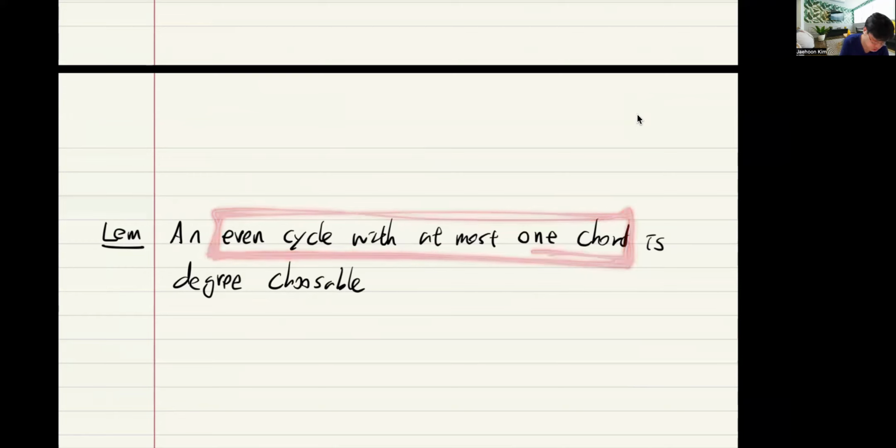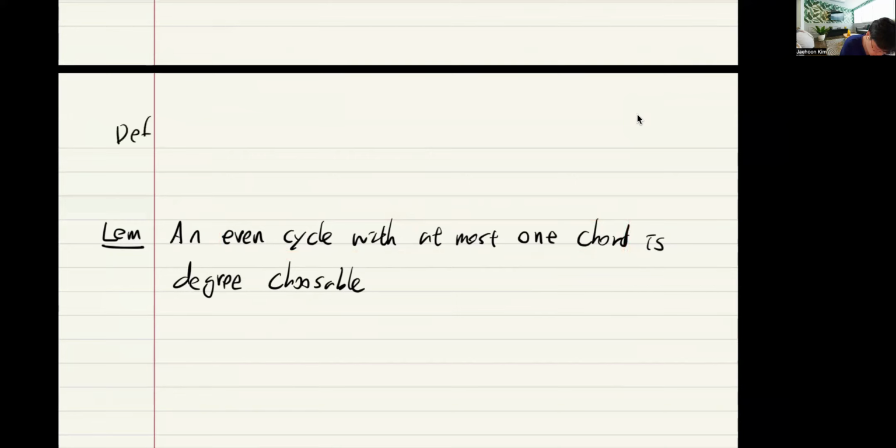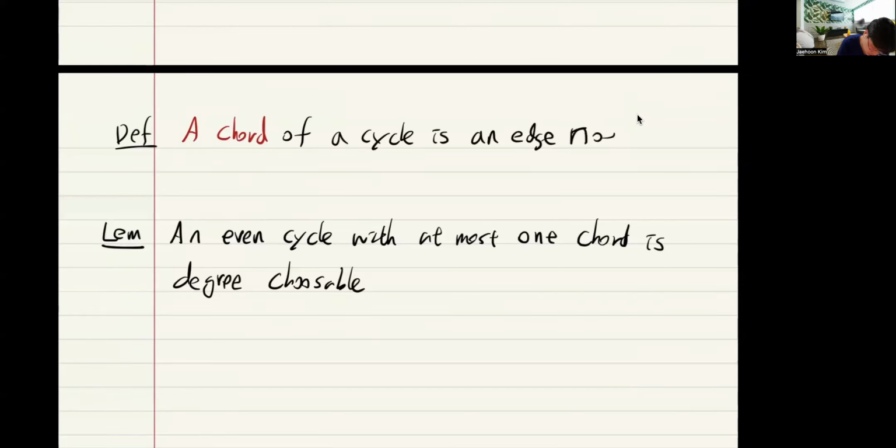And what's this chord? We define a chord of a cycle as an edge which is not in the cycle, whose endpoints are in the cycle.